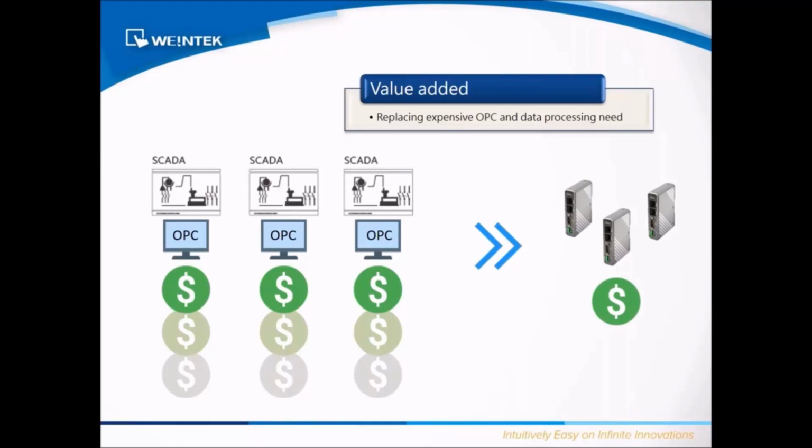Then you will have 2 different costs for this. So you need to buy an industrial PC, and then you need to buy an OPC server from the market.